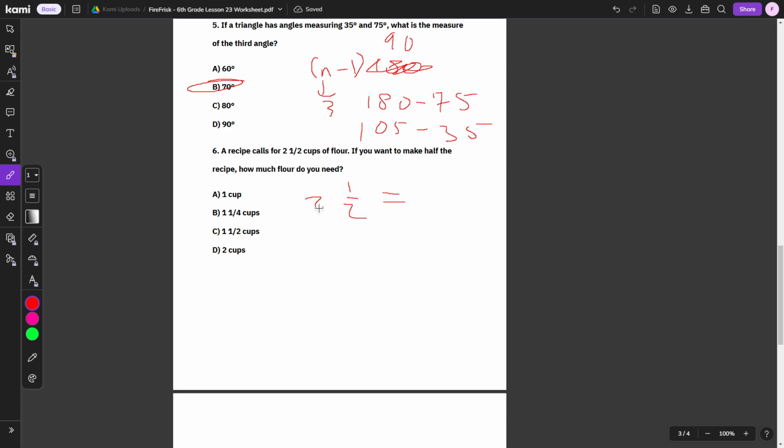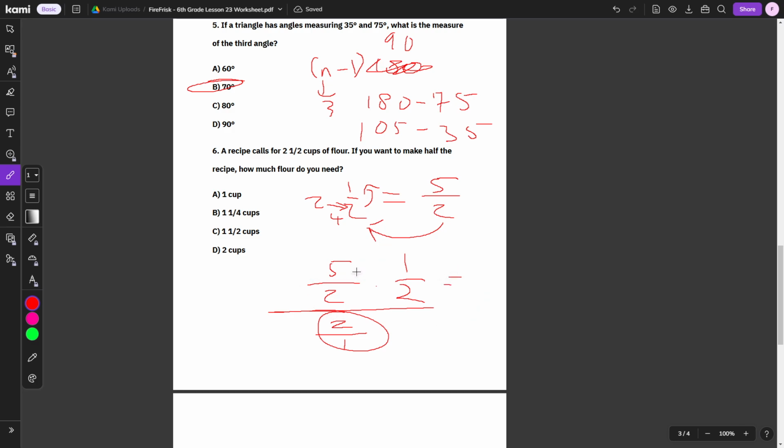What you want to do is make it an improper fraction. 2 times 2 is 4, so you just put 4 plus 1 on top, which is 5 over 2. 5 over 2 and 2 1/2 are essentially the same thing if you haven't learned that yet. And using 5 halves, you have to divide this by 2, or per se 2 over 1. But when you divide fractions, you flip the bottom fraction. That's called getting the reciprocal.